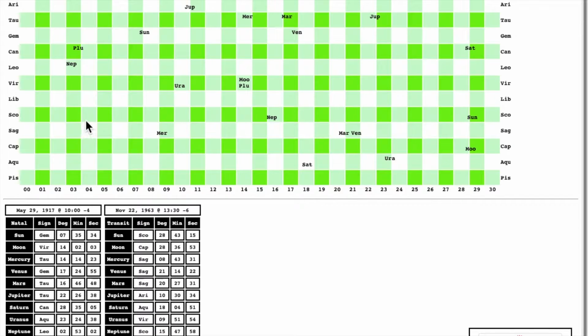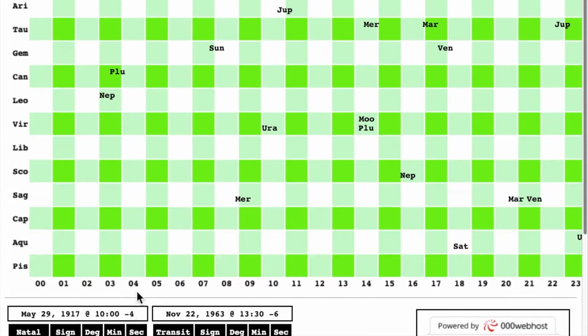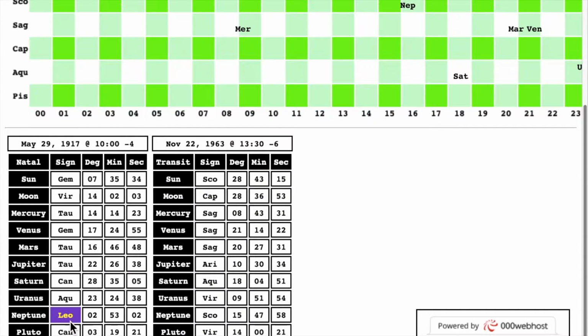So, for instance, Pluto is 30 degrees different from Neptune, and these are both natal planets because they appear on the top edge of the bar. So if we look down here at Neptune and Pluto, let me zoom in. We can see down here Neptune and Pluto.